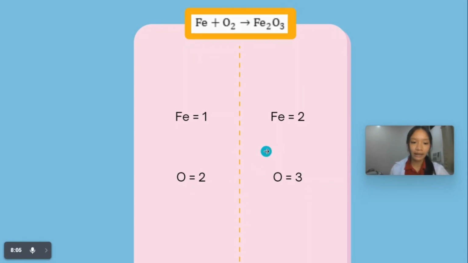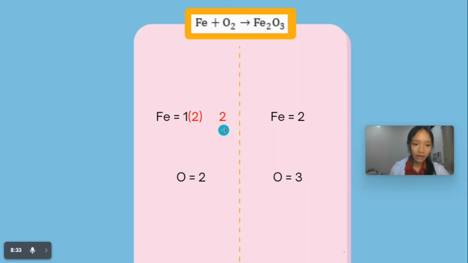First, we multiply the iron in the reactants by 2. Let's multiply it by 2 here. This results in 2 atoms of iron, because we multiply 1 times 2 and it becomes 2.